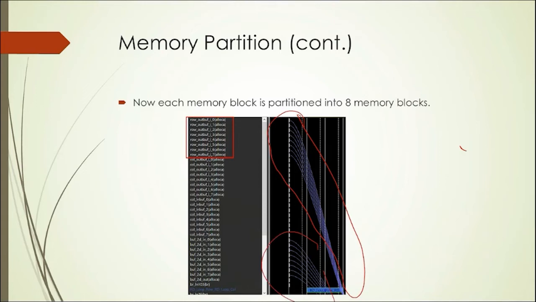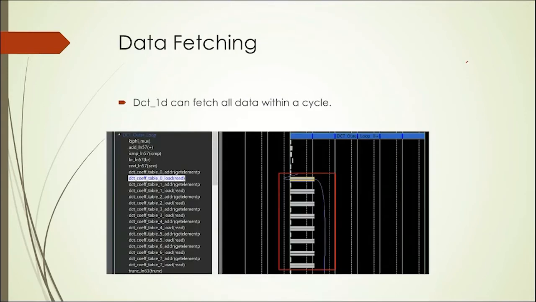In the previous design, we only had 1 memory block, but here we have 8 memory blocks. And as you remember, the DCT size is 8, so that's why we need to access the memory 8 times to load the data. And here's the data fetching, and you can see right up here, we only need 1 cycle to complete all the data fetch.